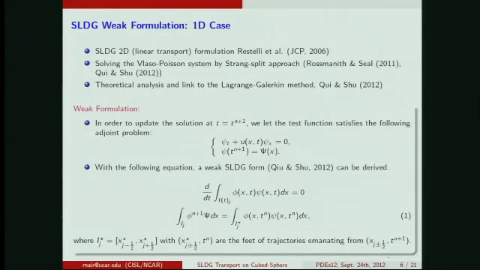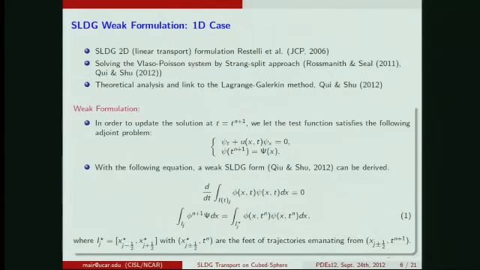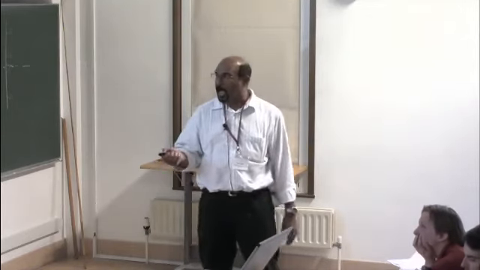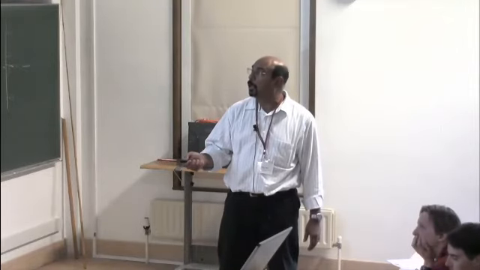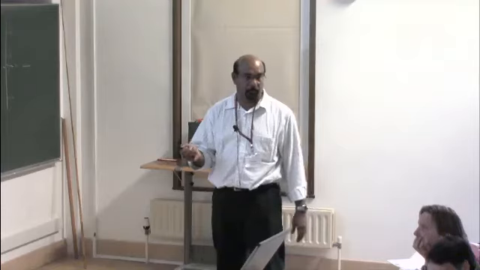On discretizing that, you get into this form. I'm skipping the details of how you get to this form. Here phi n is the new time level, and this is numerically integrated over the upstream element, which is a union of several fragments of elements. So this is the final formula for that.